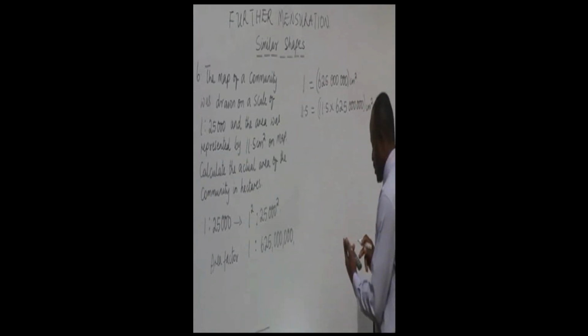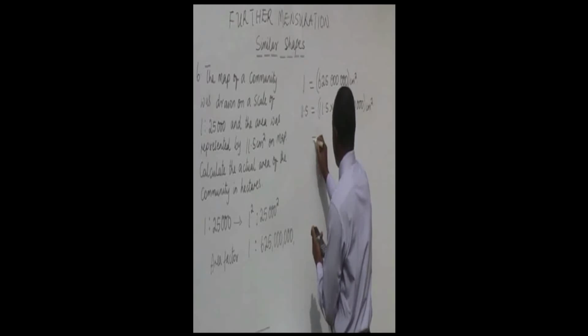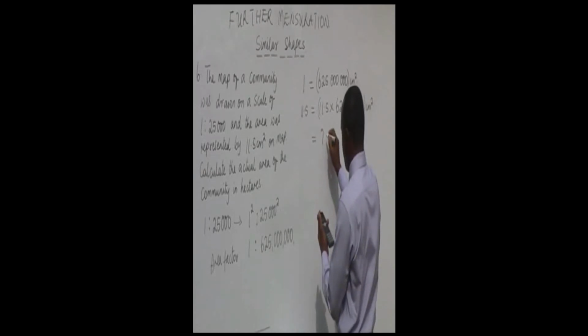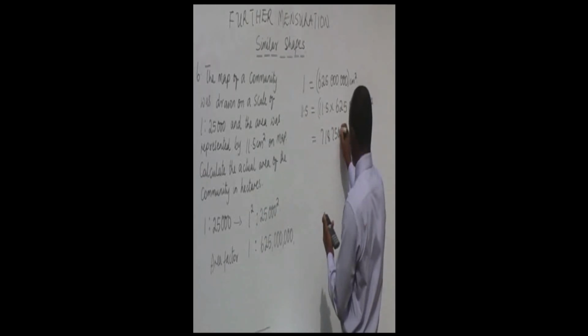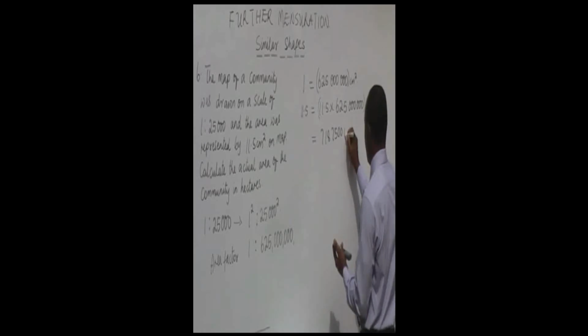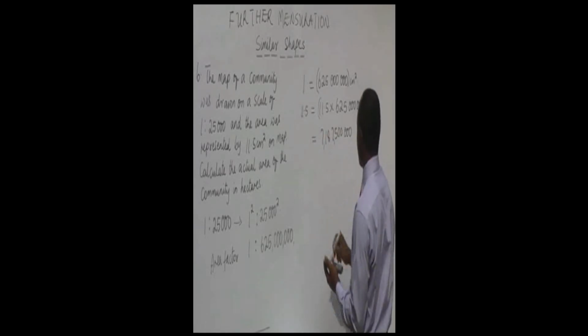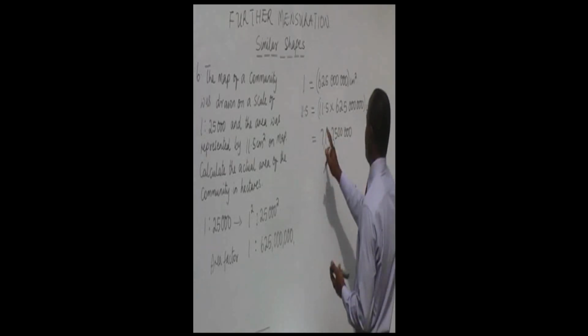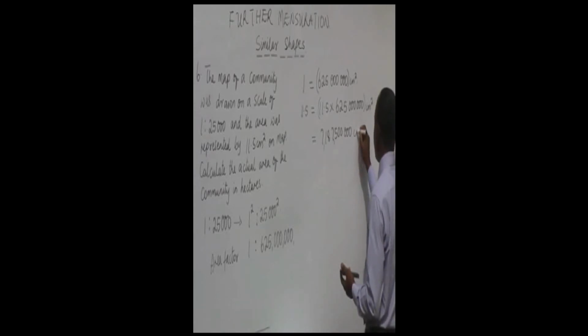So let's multiply out. 625 million times 11.5 is giving me 7,187,500,000 centimeters squared.